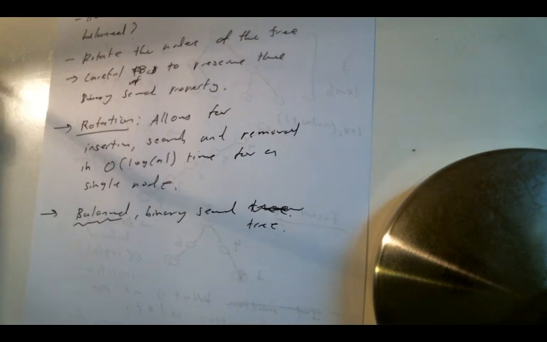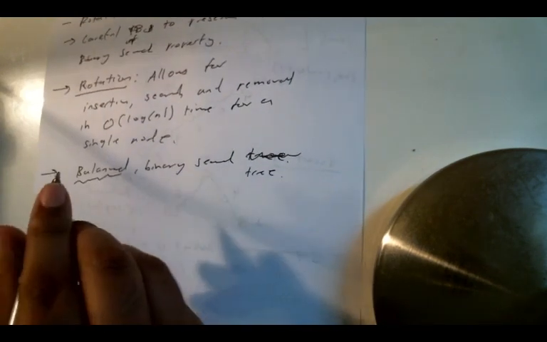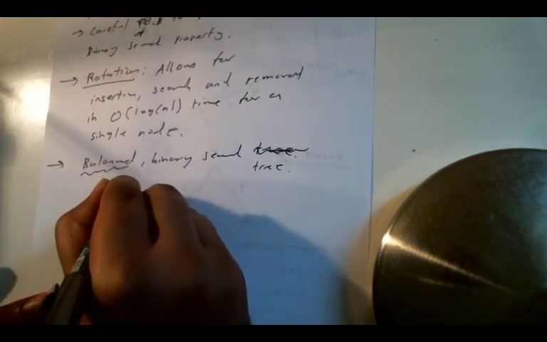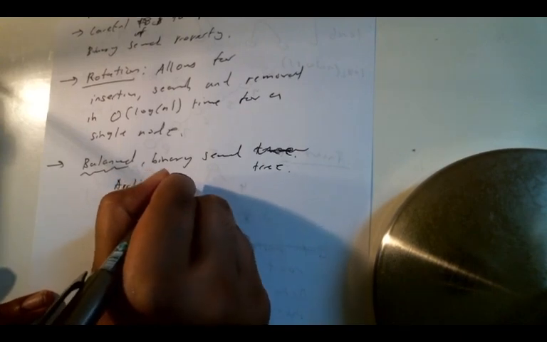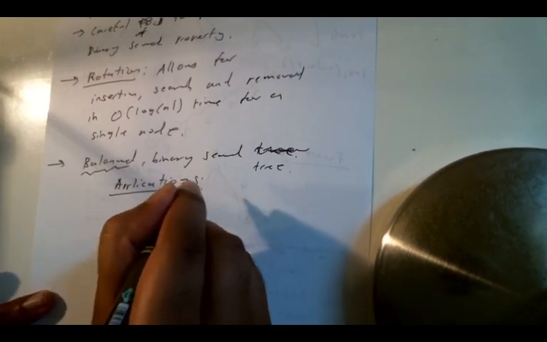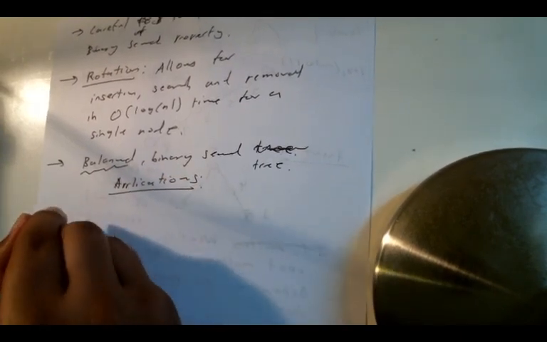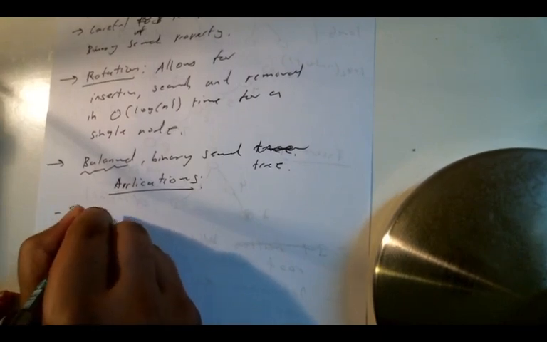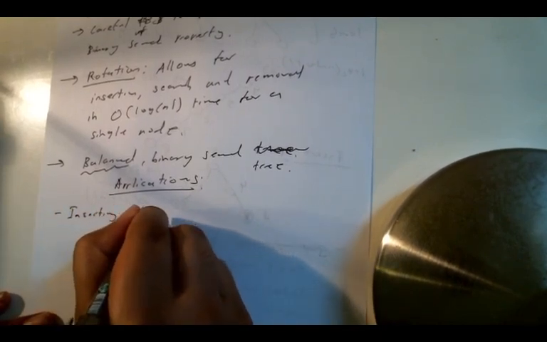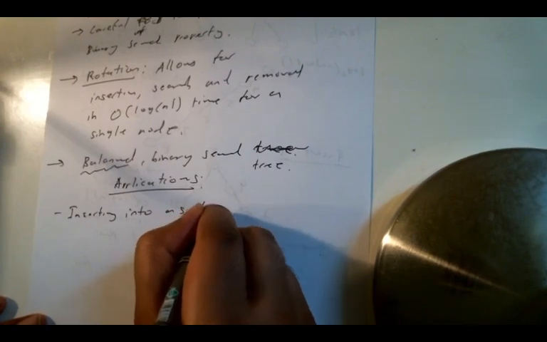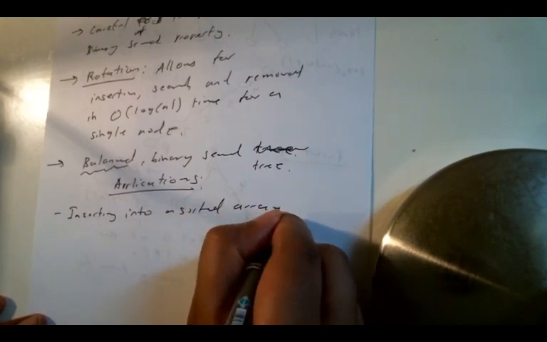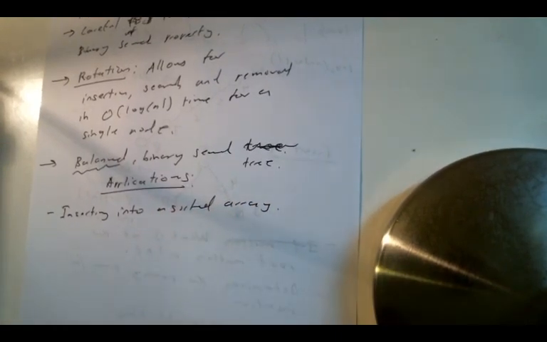Okay, so why should we care about this? What are the applications? So let me highlight what the applications are quickly. The big application is inserting into a sorted array. Okay, let me explain why this is a big problem.